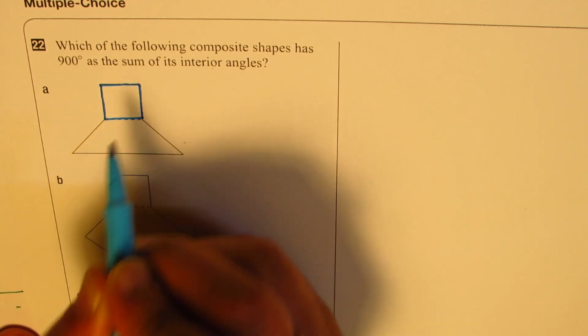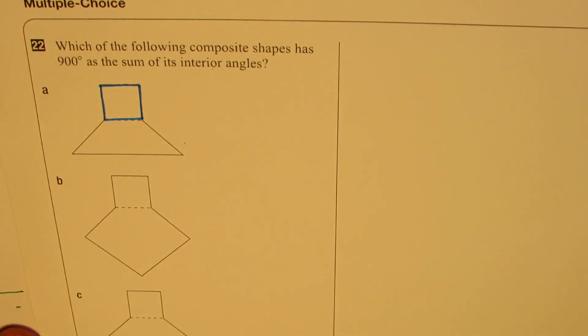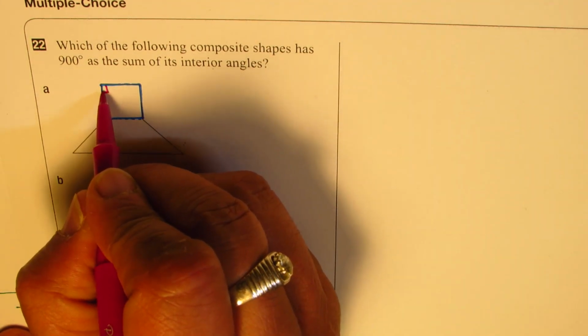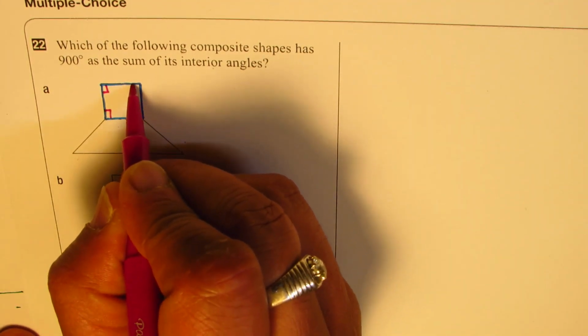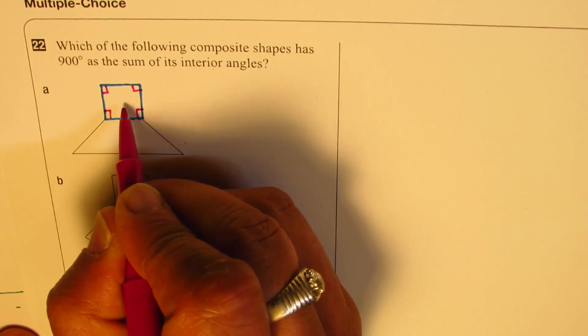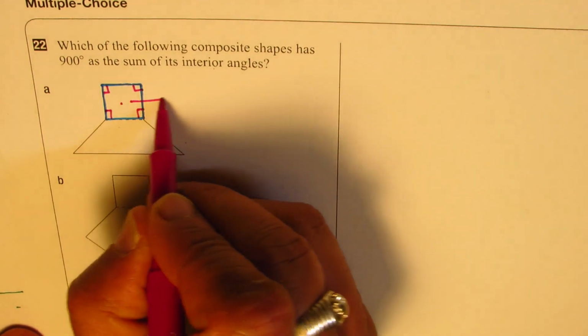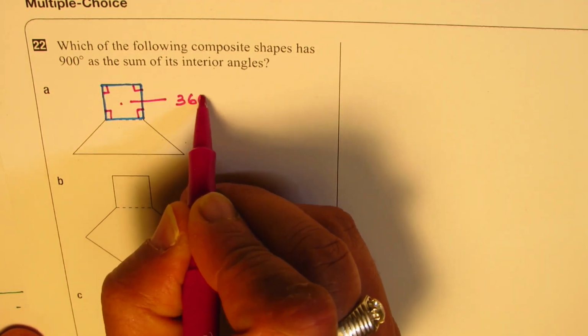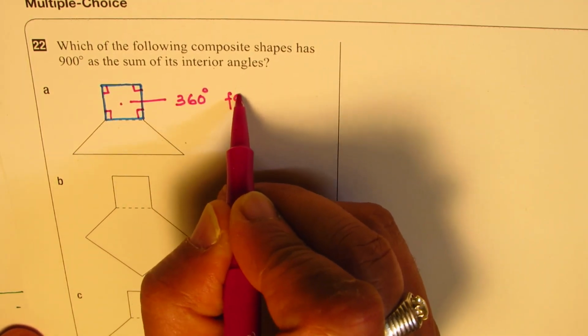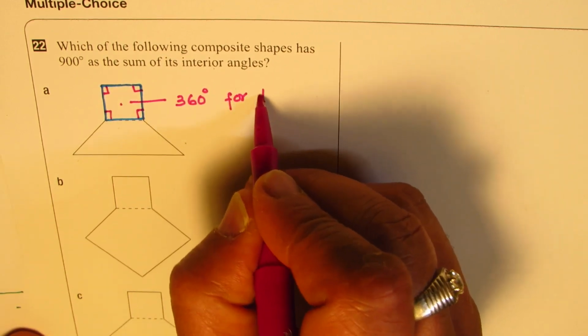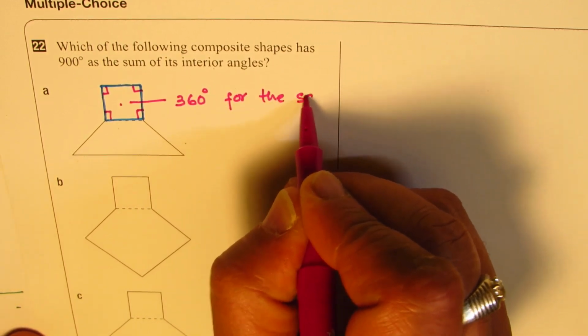So if you look at the square itself, it gives you 4 right angles here. That means we already have 360 degrees for each, right? So that means 360 degrees for the square part, right?